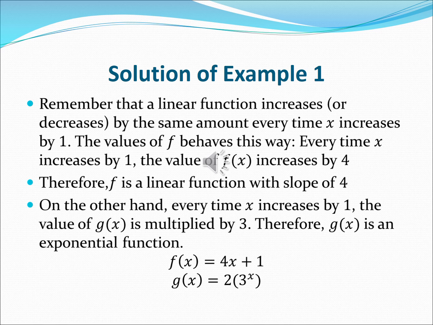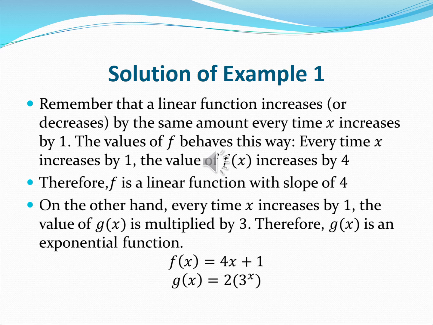From the values on the table, I can take any two points and find the slope, and then take another two different points and find the slope. If the slope is the same, this is a linear function. If the slope is different, then it's not a linear function.